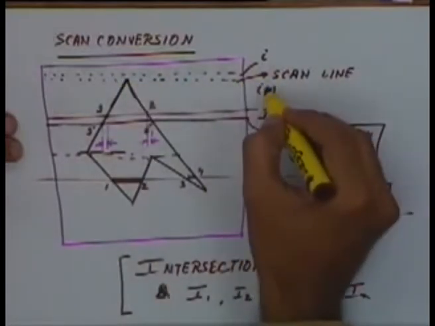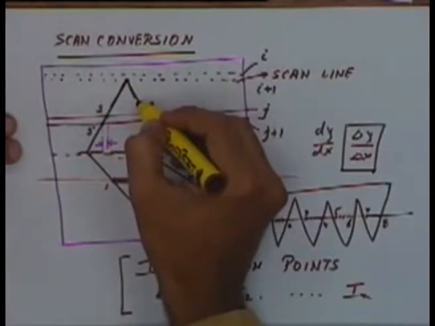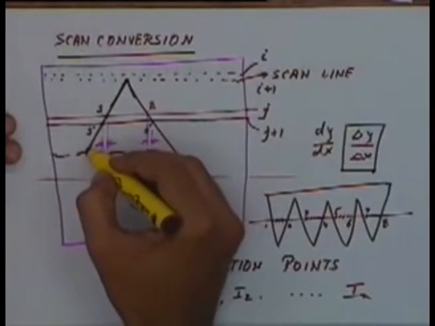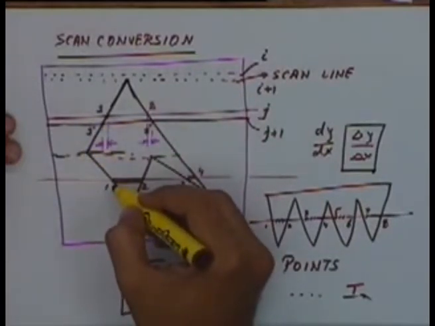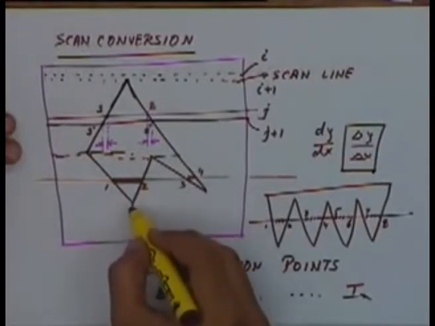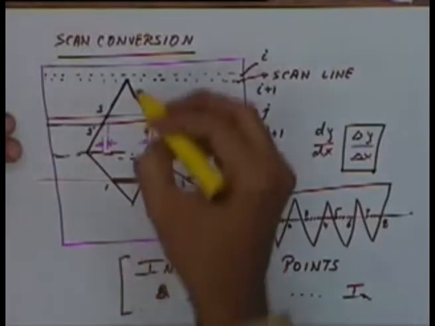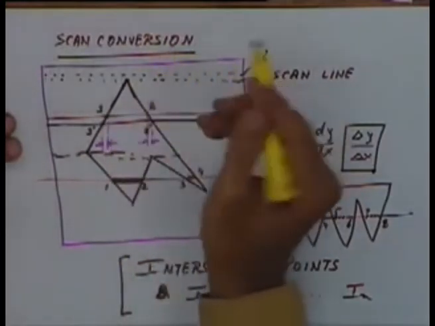At scan line I plus 1, let us say, both this edge as well as this edge are starting. If I consider this scan line, one edge is ending and the other edge is starting. At this point, both the edges are coming to an end. So each vertex will always have two edges, and they can either be starting or ending.